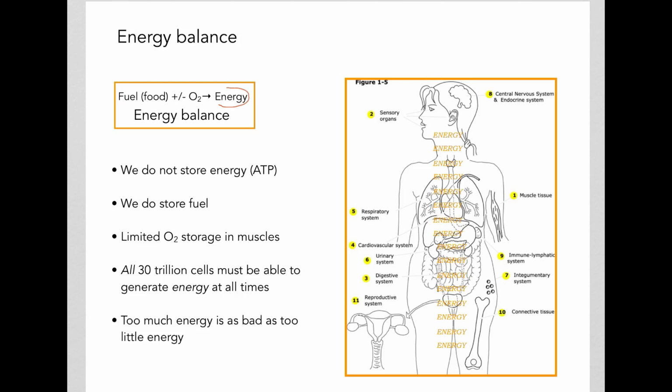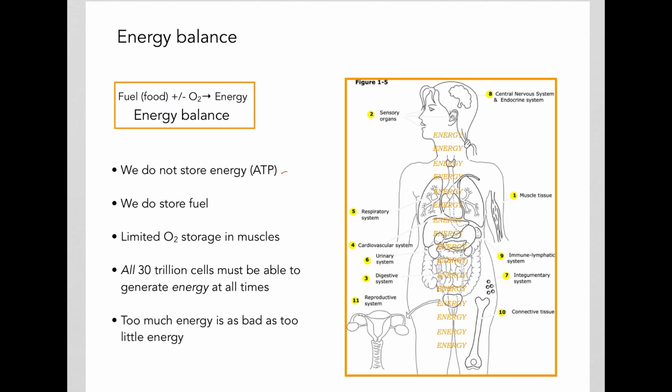Energy generation is done by burning fuel in the presence or absence of oxygen. Now, we humans do not store energy. Most of the energy is used in the form of a chemical called ATP, as mentioned in previous videos. We do not store ATP. We do, however, store fuel, and we have limited oxygen storage, especially in skeletal muscles.